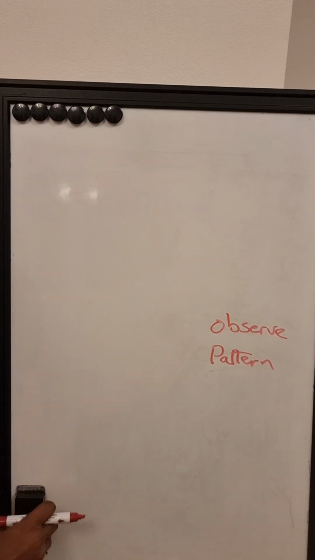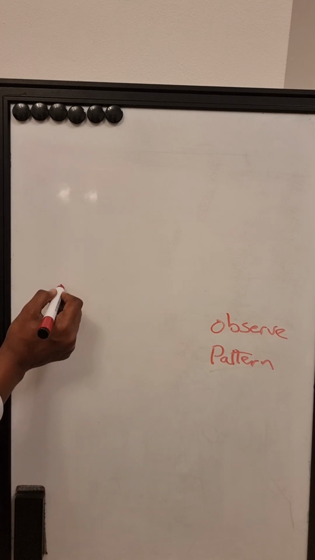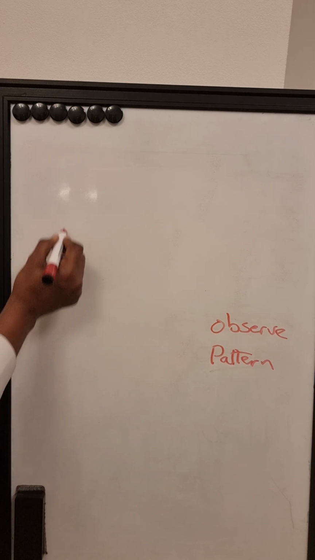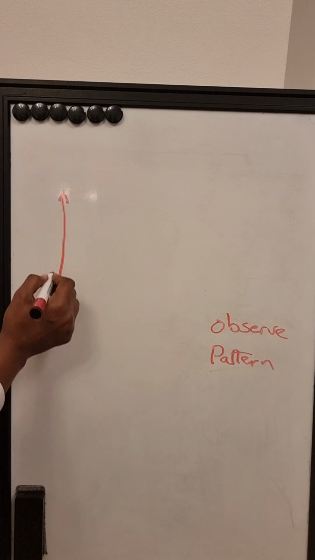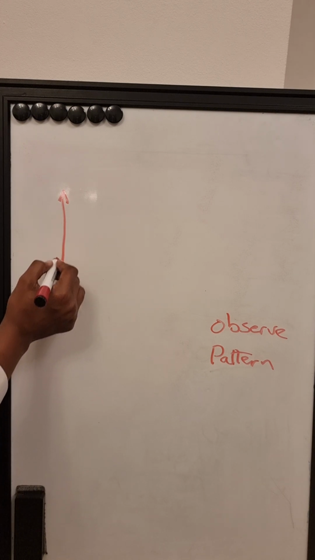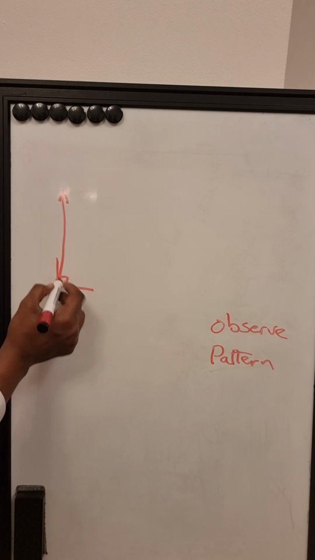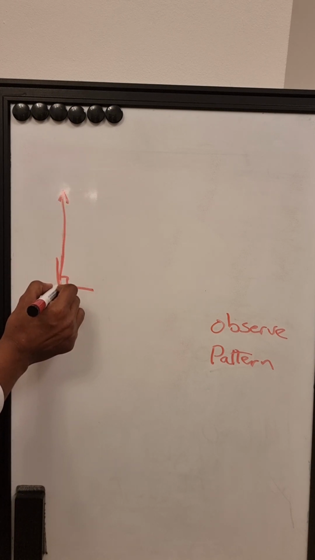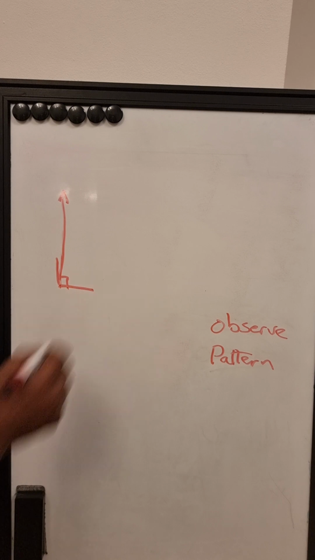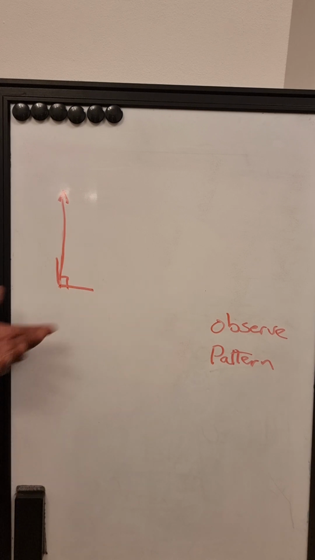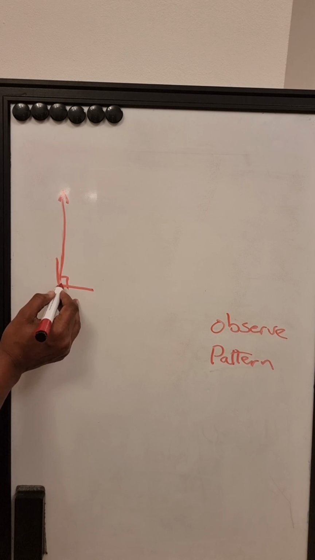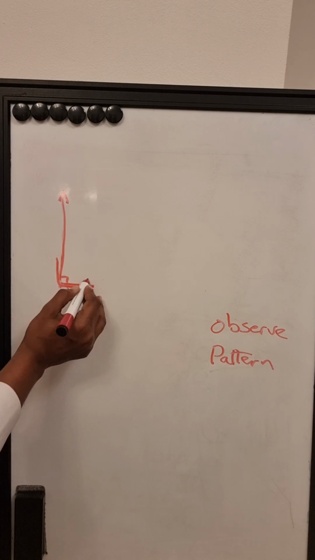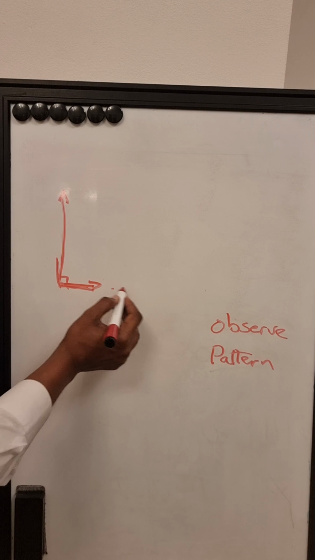For example, a footballer with the same force, if he kicks the ball straight up, this is angle 90, a right angle. The ball will go up and come down to the same point, if we don't consider any other forces. But if we kick the ball with an angle 0, it will go to a certain point.